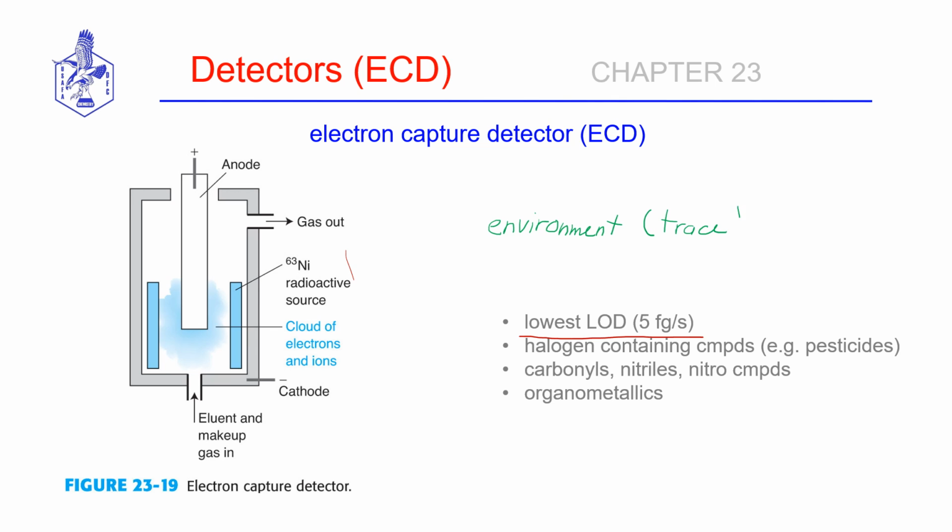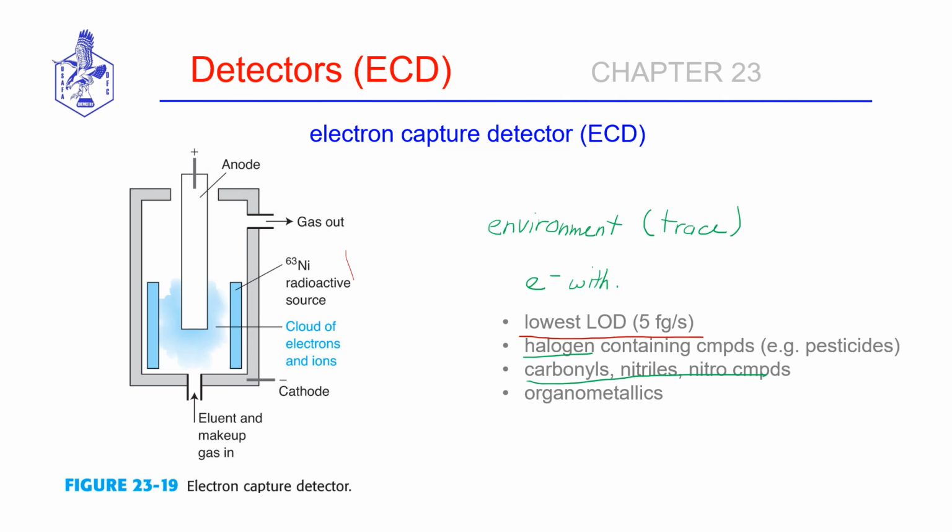It is only going to respond to molecules or polyatomic ions that have certain electron withdrawing groups, electronegative species. So halogens, group 7, or compounds that contain carbonyls, nitriles, nitro compounds. These are your most electron withdrawing elements.